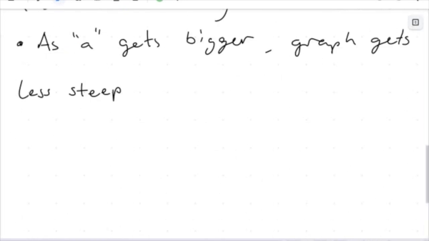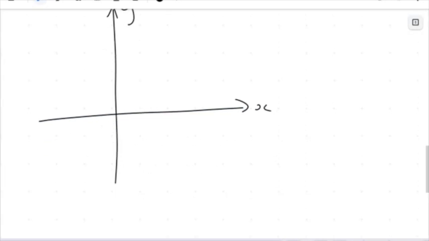Now let's look at the other types of transformations we encountered, which the ones we're going to be talking about in this video, is our translations. And we're going to apply a lot of similar sort of things here. If we have any graph, for example, y equals log to the base a of x, let's just draw one roughly.